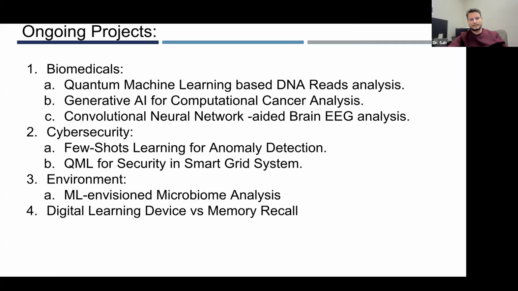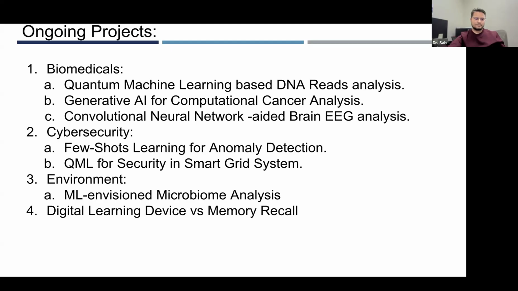I have some other ongoing projects, and I would be happy to collaborate with anyone here who is interested, especially with quantum machine learning for DNA reads, generative AI for computational cancer analysis, and convolutional neural networks for brain EEG analysis. This is particularly important for epilepsy and Alzheimer's disease research.